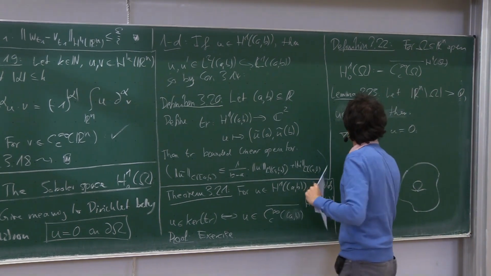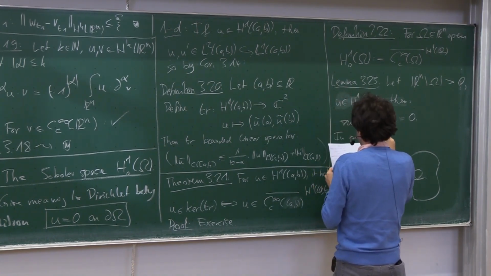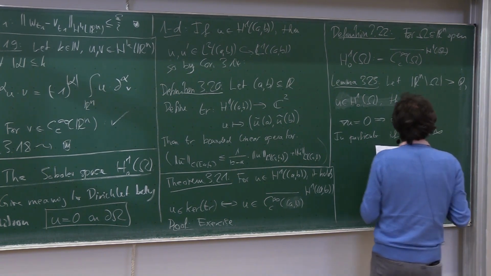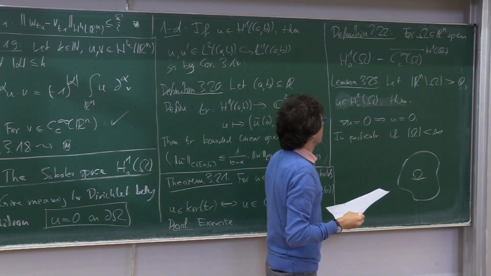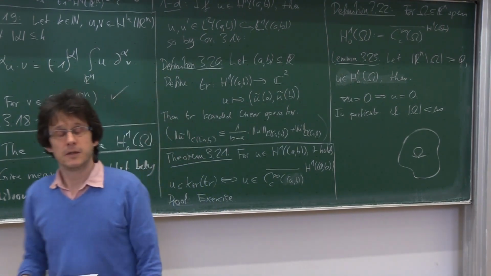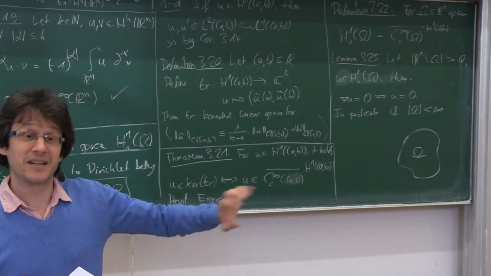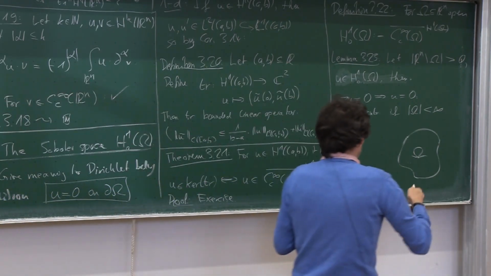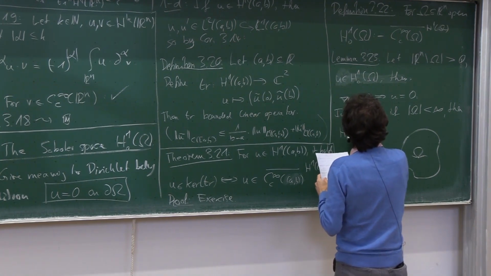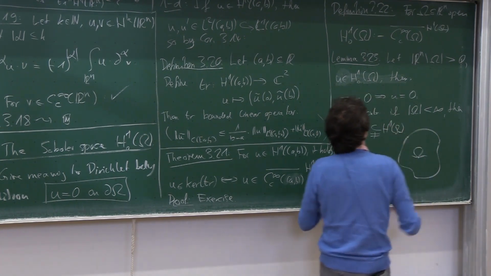And what that means is, in particular, if you have an omega that has a bounded Lebesgue measure, so either a bounded omega or an unbounded omega that still has finite measure, then H10 is a proper subspace of H1.